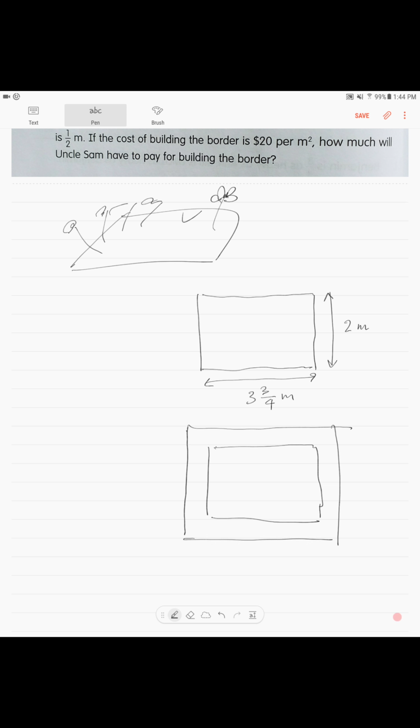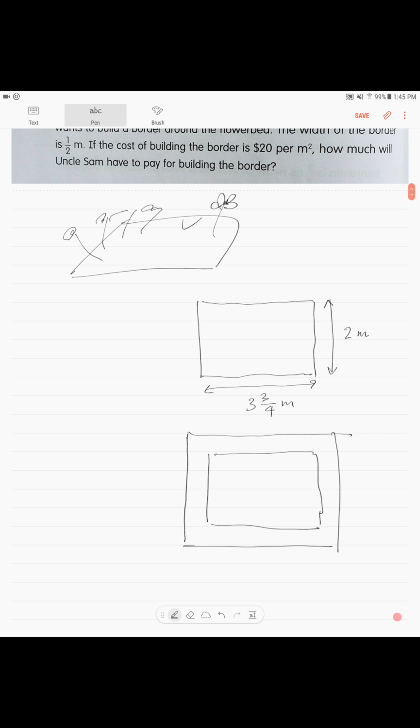They tell you that the border is half of a meter width. So this thing here is half of a meter. This thing here is half of a meter. And the border here. So everywhere from each side you have an additional half of a meter, right?